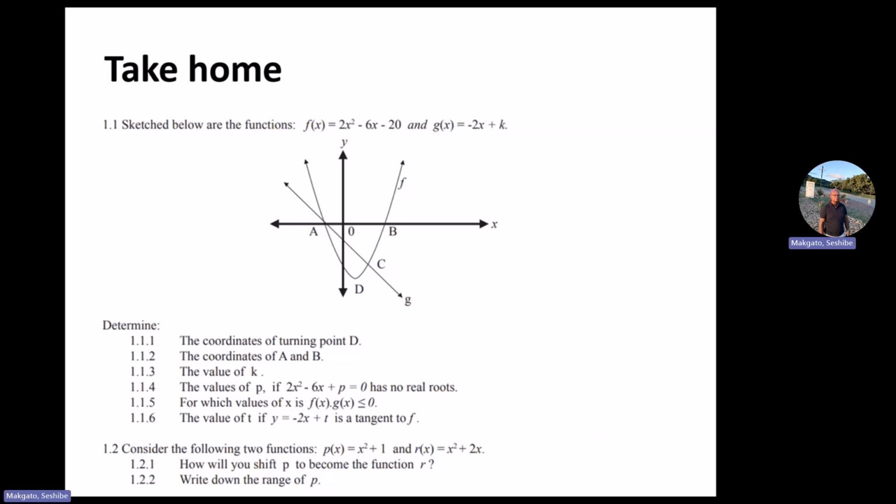Now, this is a combined quadratic equation with a linear equation. So this one, the gx, is a linear, and this is a quadratic equation. So if you were to divide by 2 here, this is the same as x squared minus 3x minus 10.